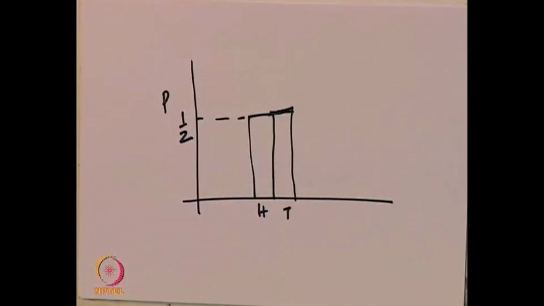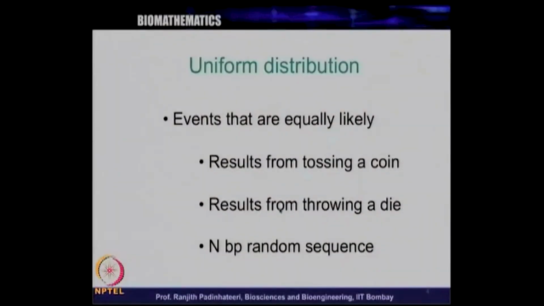The next example that I discussed here is results from throwing a die. What is a die? A die will have 6 sides. For playing, people use dice. It will have 6 sides with 1, 2, 3, 4, 5, 6 either written or marked. So, there will be 1 dot, 2 dots, 3 dots.